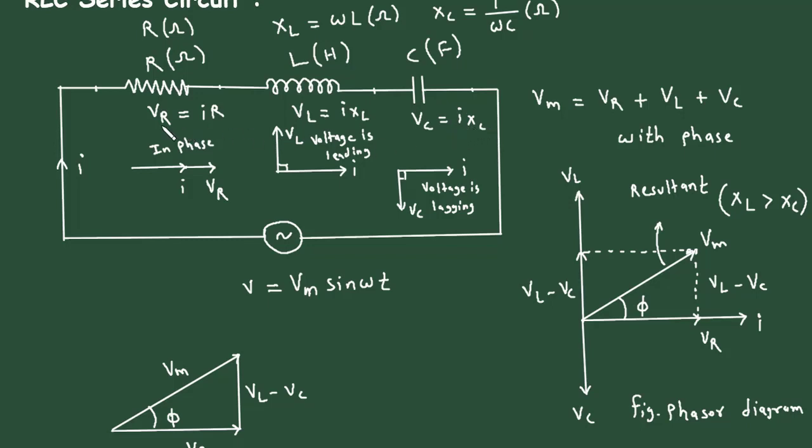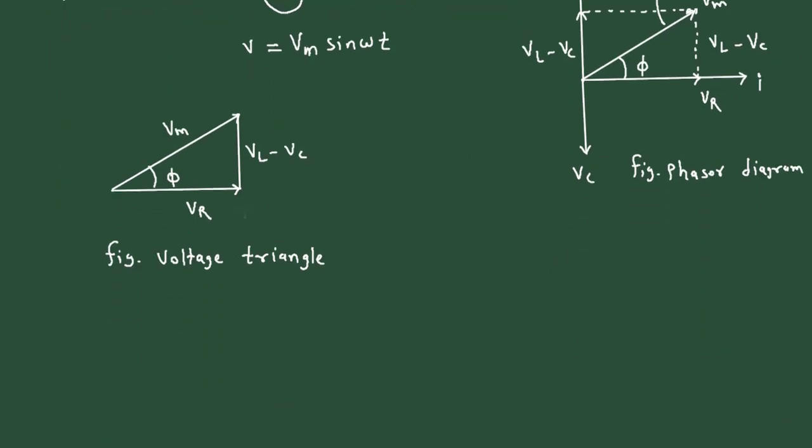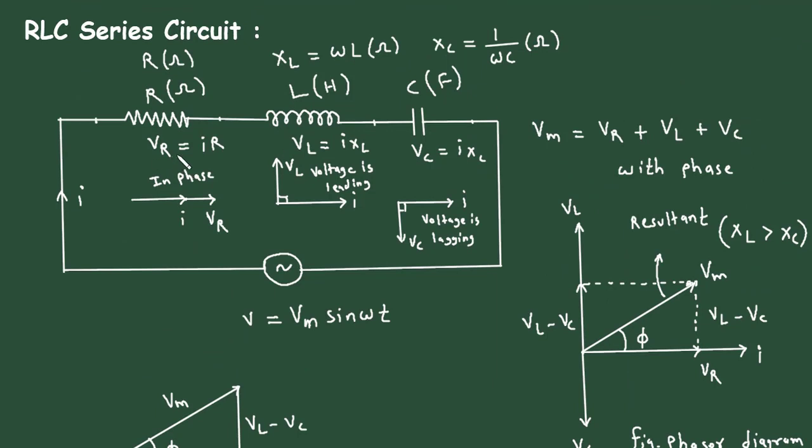This is according to Ohm's law. Voltage is equal to current into resistance. Voltage is equal to current into inductive reactance, and voltage is equal to current into capacitive reactance. From this equation we can say that VR by I is equal to R.